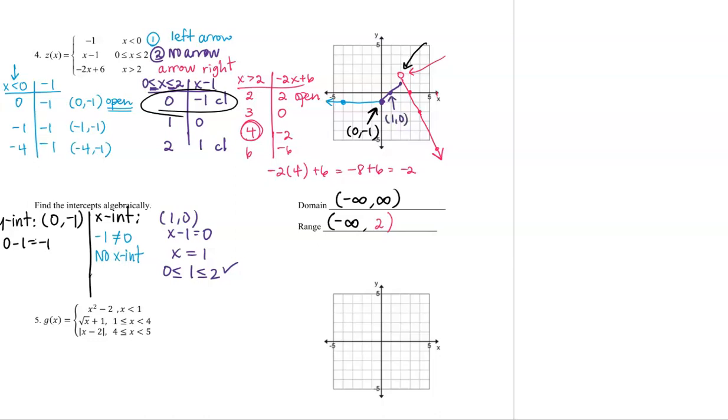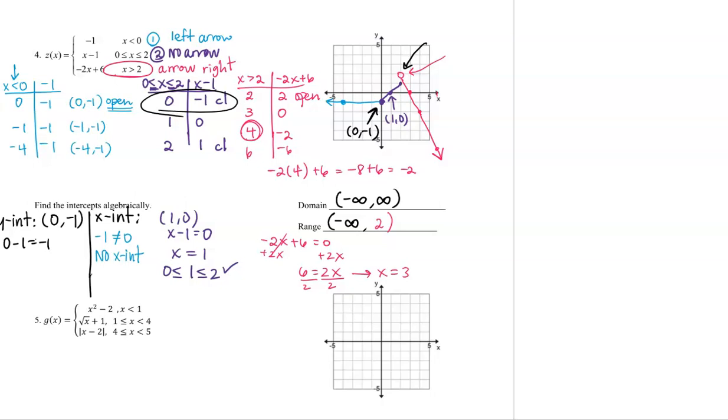Now let's go on and set the third piece, -2x plus 6, equal to 0. I'm going to add 2x to both sides of this equation to get that 6 is equal to 2x, and then I'll divide both sides by 2 to get that x is equal to 3. We then have to check, does 3 satisfy the third inequality?